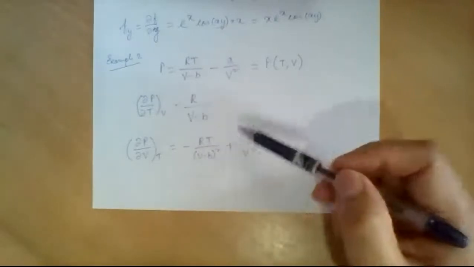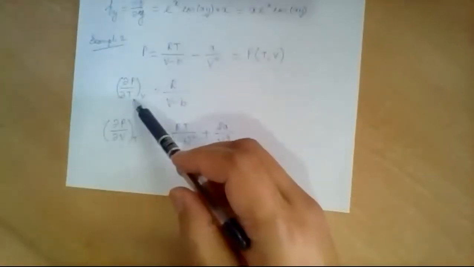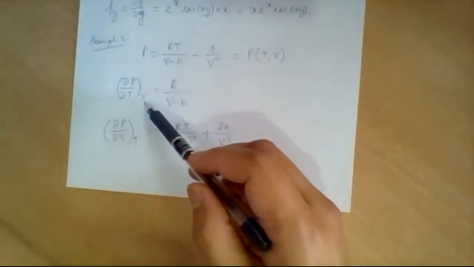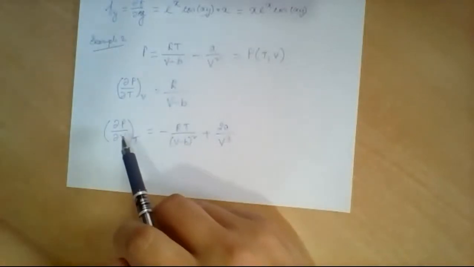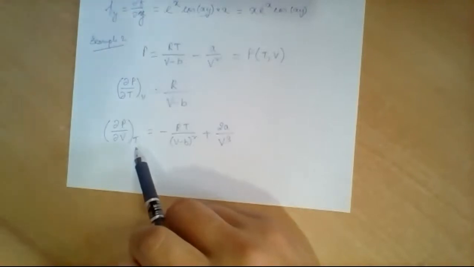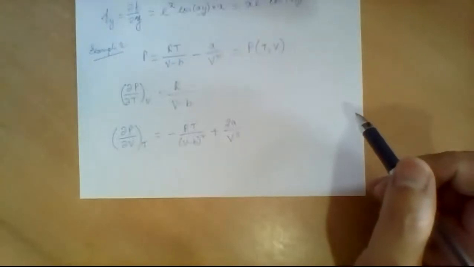The first expression says how the pressure of a van der Waals gas changes with temperature when we keep the volume constant. And this expression gives us how the pressure of a van der Waals gas changes with volume when we keep the temperature constant. This is the physical meaning.